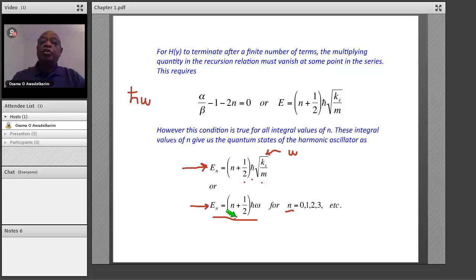Also, if we have vibrations of atoms in a crystal or in a solid, again, these vibrations of atoms can be described in terms of oscillations. These oscillations also have energies of the form n plus half h bar omega. Now, each one of these vibrational oscillations is called a phonon.